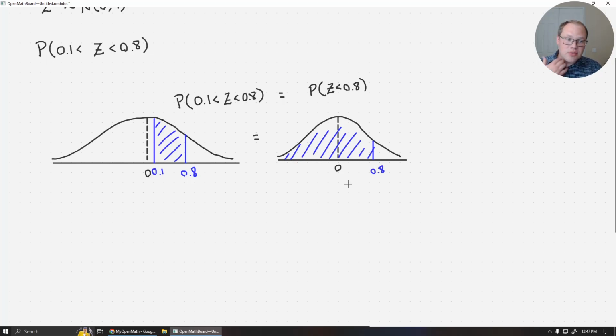Okay, but the problem is that's, of course, too much, right? It does get me everything I want if 0.1 is about here. This is what I like, and it does give me all of that, but it also gives me a bunch of stuff that I don't want, right? So I'm going to take off that extra. I'm going to subtract away everything that I don't want.